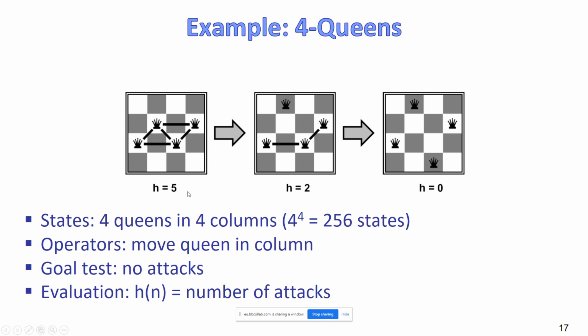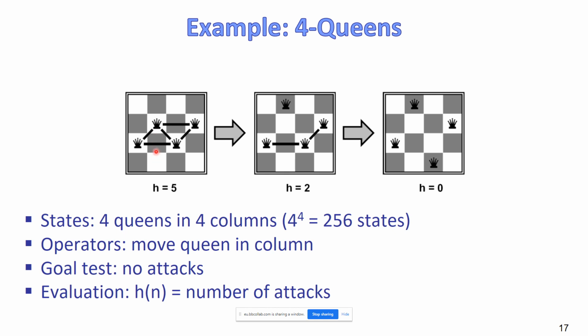Starting from that state, we will select a variable that is conflicting. Of course, here all of them are conflicting, so we choose one of them. We choose the second one randomly. Now for the second one, we choose an assignment with the minimum conflicts. For that variable, we can move it to here or here or here.